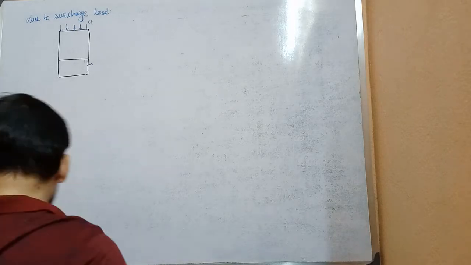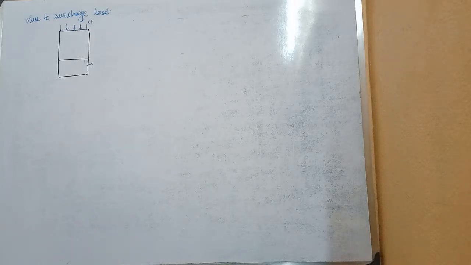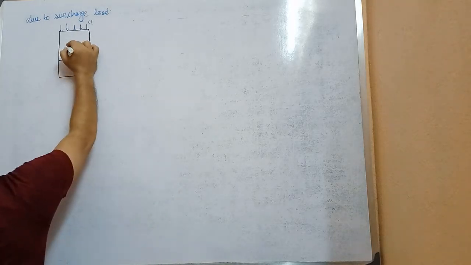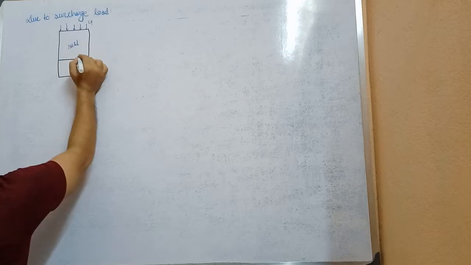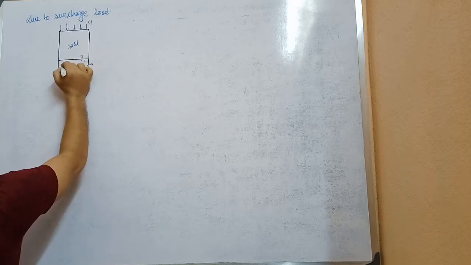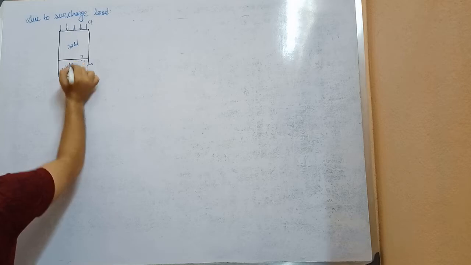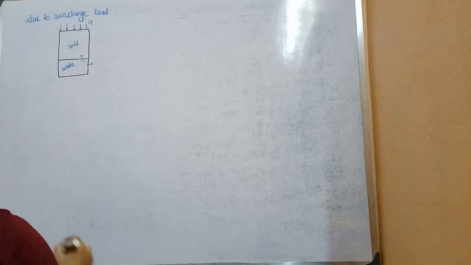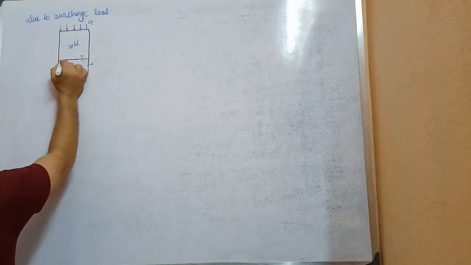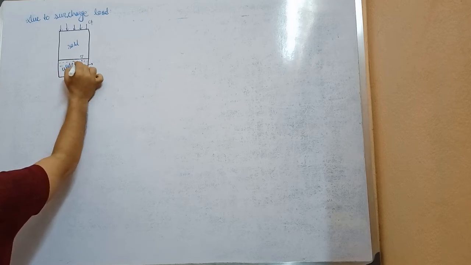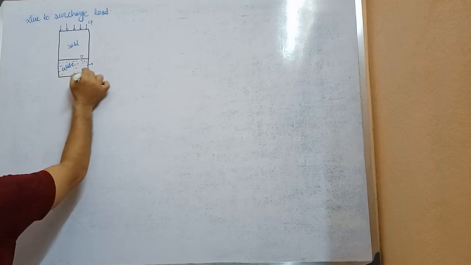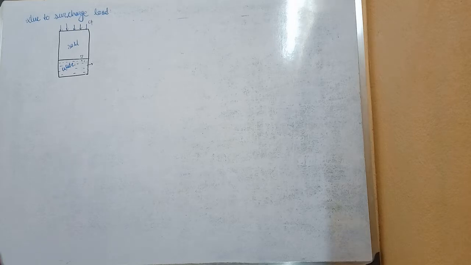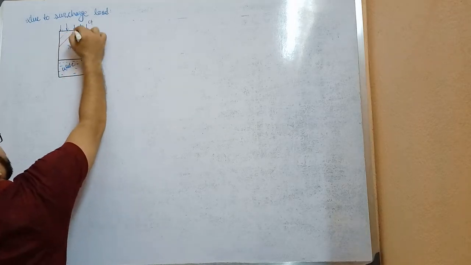Now, due to the surcharge load, here is a soil and the water table is present at the bottom of the soil. Here is the water table. And here is the water and this is the soil.